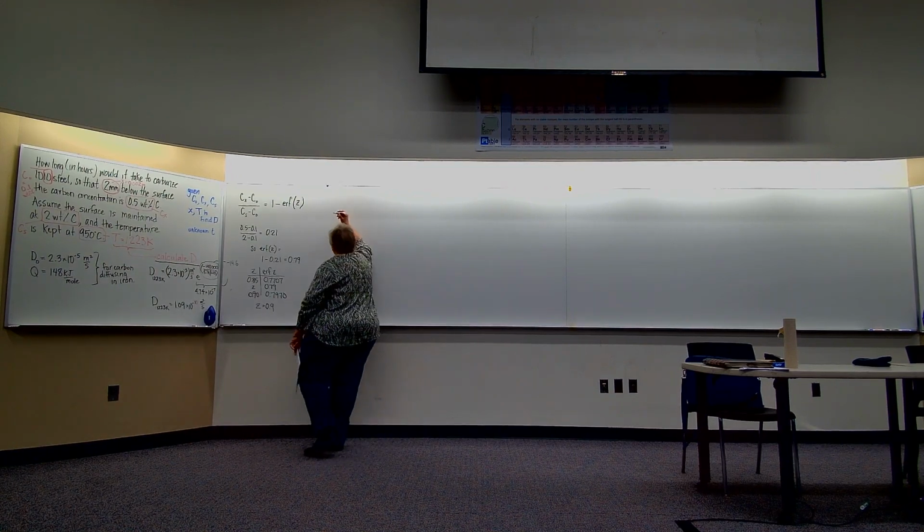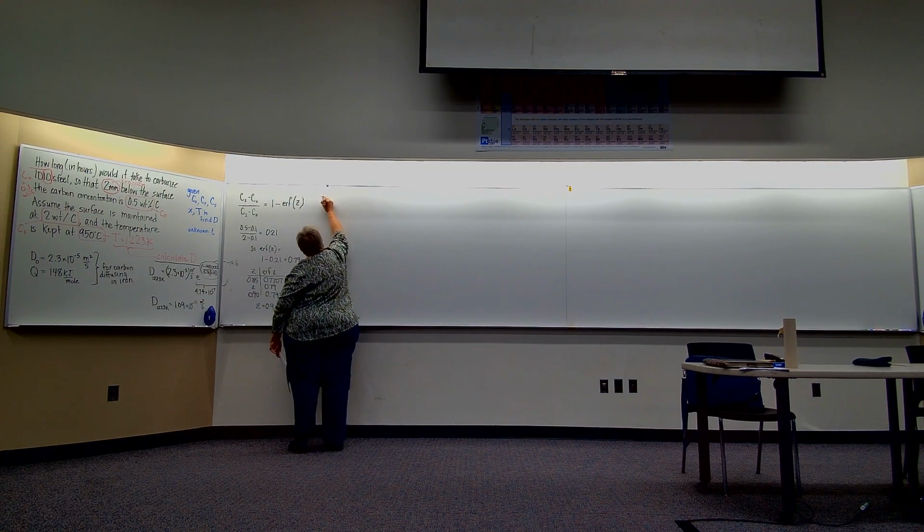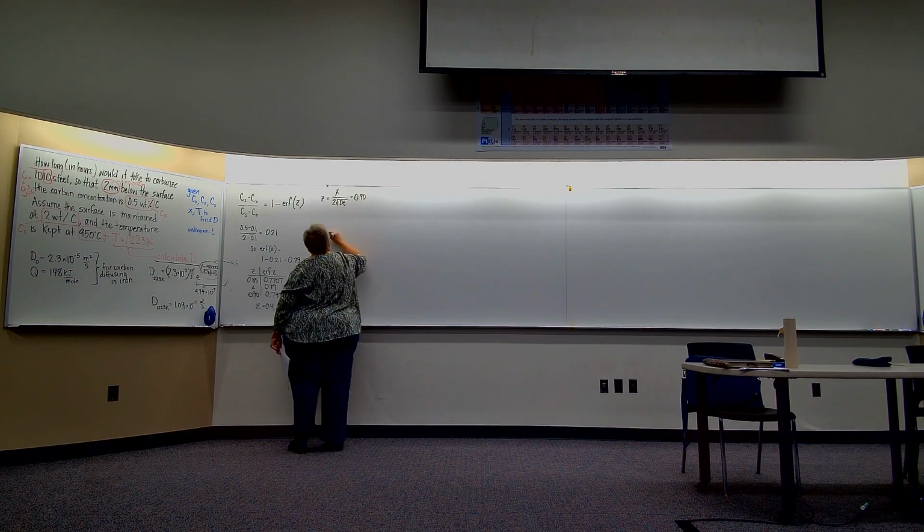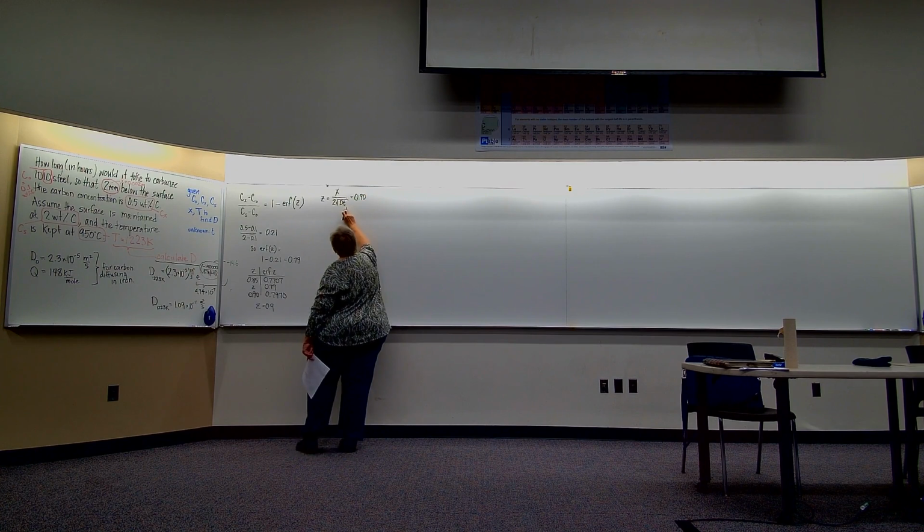All right, so what do we know about Z? Z was x over 2 square root Dt. And now we know that that's equal to 0.90. The only thing I don't know here is time.